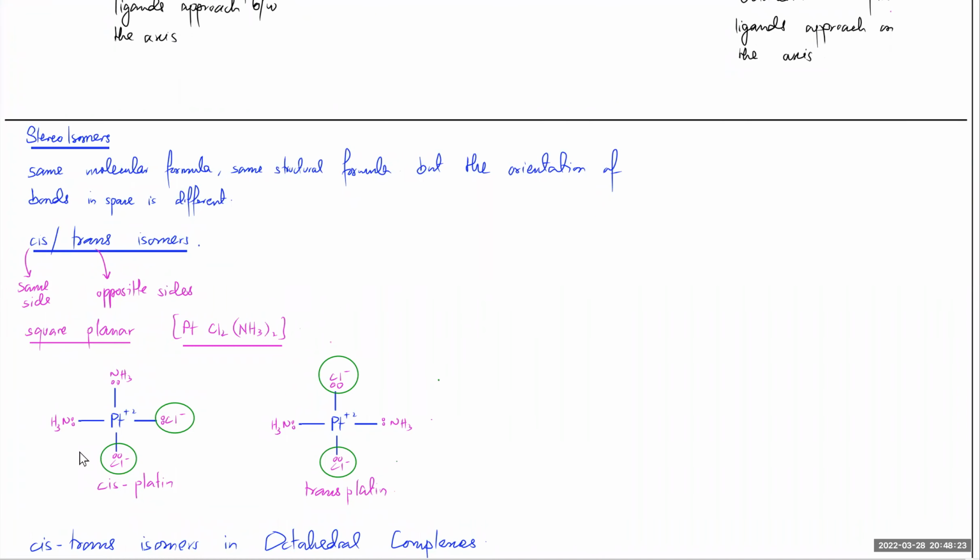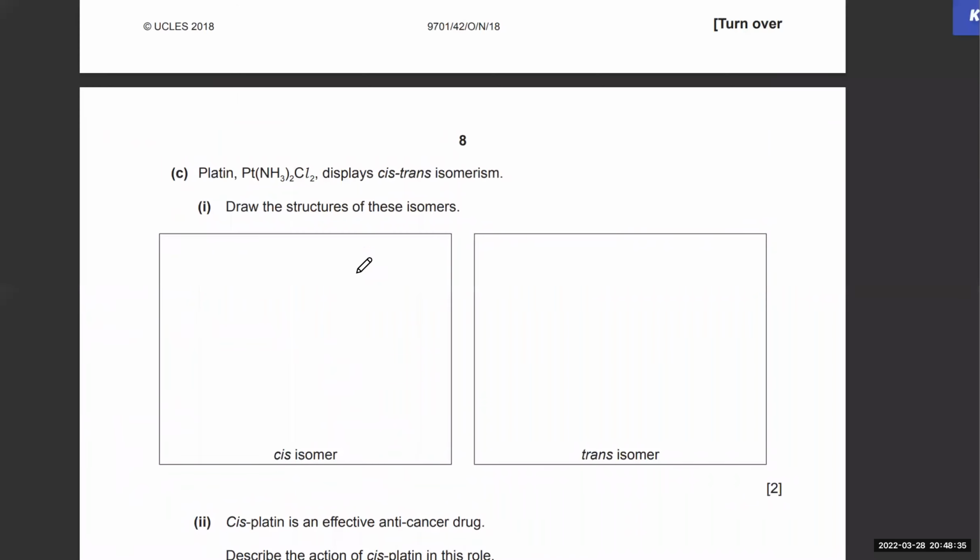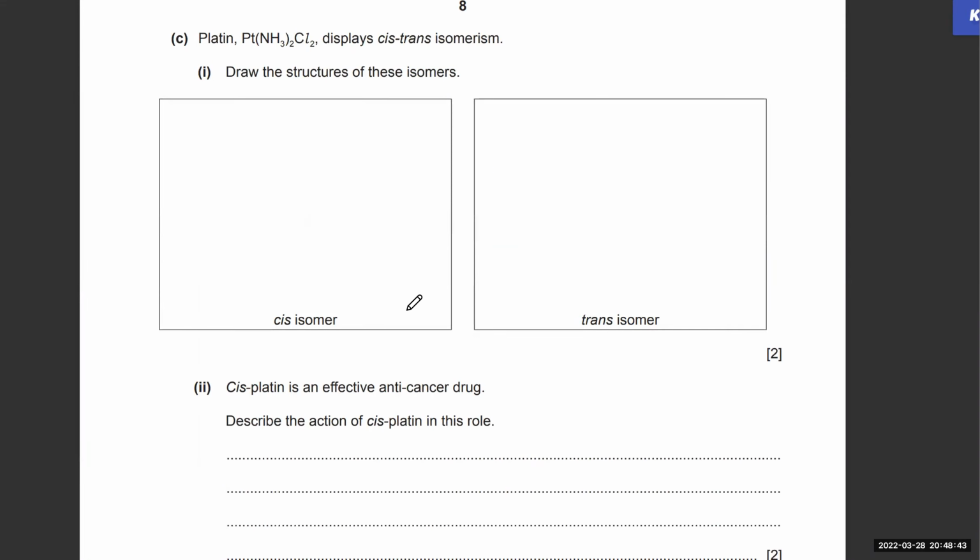It's a square planar complex. And there are going to be 2 versions of this. Either it's going to be cis, the Cls are together, or the Cls are at opposite ends. So in this question, you just have to draw both of them. One would be that the 2 NH3s would be together, and one would be the 2 NH3s and the 2 Cls are opposite to each other.